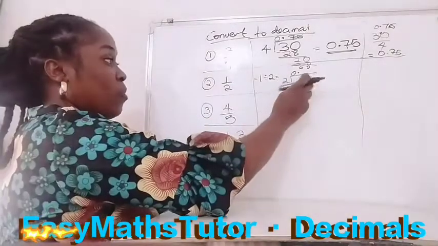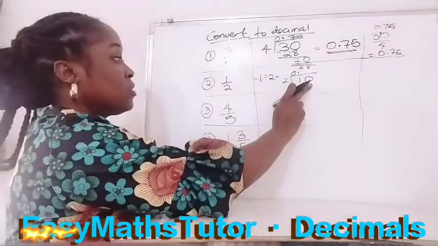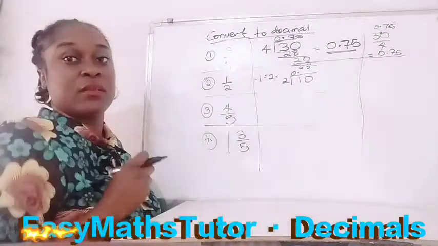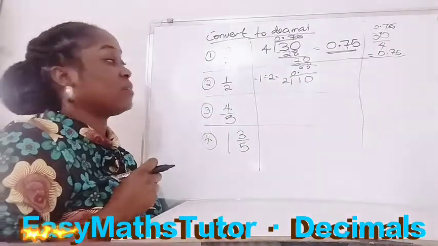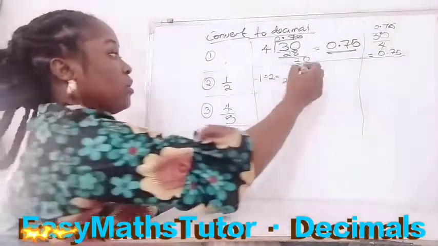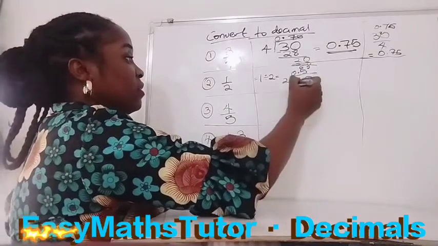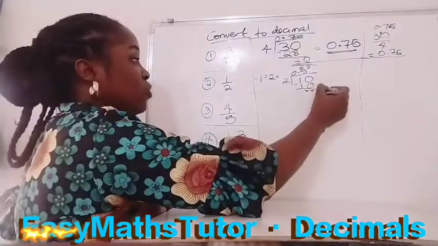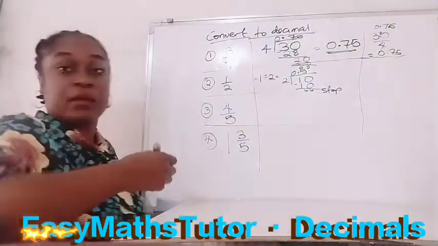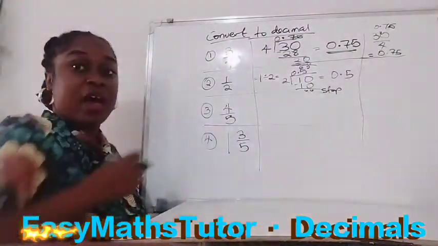For a 0 to come out inside the division box, there has to be a decimal in the answer section. So 10 divided by 2 gives us 5. 5 times 2 gives us 10. 10 minus 10 gives us 0, so we'll stop here. So our final answer will be 0.5.